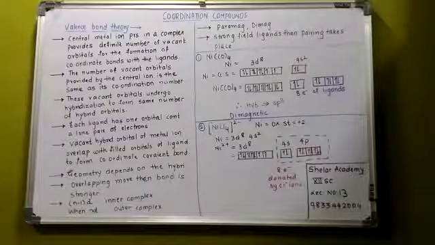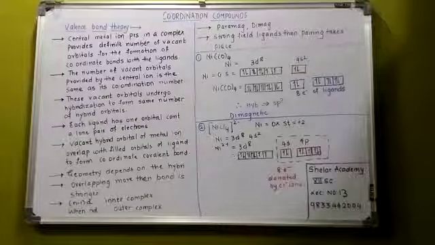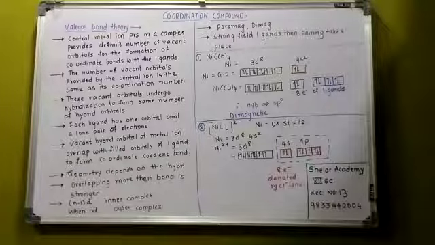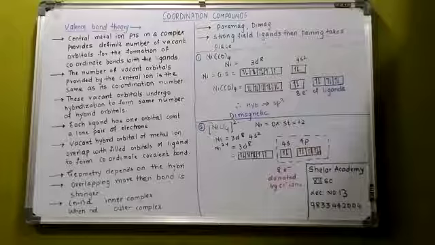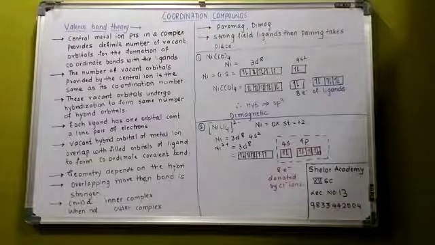Next, the vacant hybrid orbitals of the metal ion overlap with the filled orbitals of the ligand to form a coordinate covalent bond. अभी ये तो आपको मालूम है, metal and ligand के बीच में there is a coordinate covalent bond. Fine.